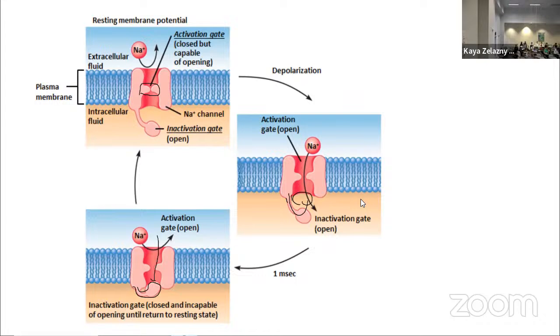So the activation gates first need to open. Then we have both our gates open, the activation gate and the inactivation gate need to both be open for sodium to come in. And then sodium gets blocked, but what it's getting blocked by at first is the inactivation gate until we reset to our starting point.